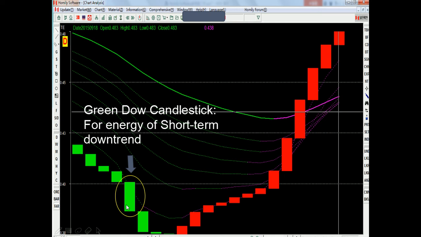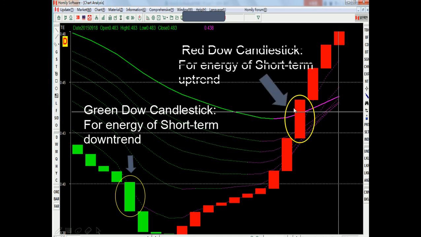Here you can see the red. The red dog candlestick is the energy of short-term uptrend. So it is very easy to identify the short-term trend.